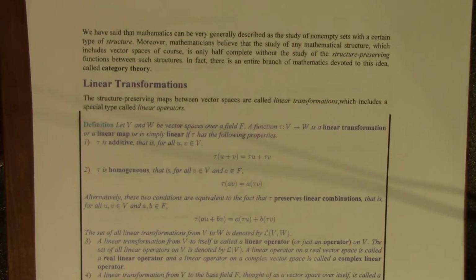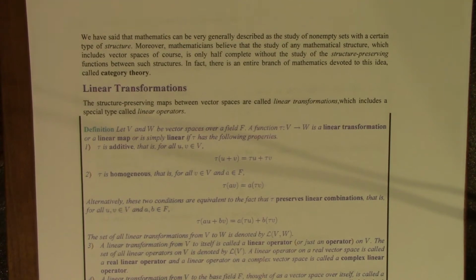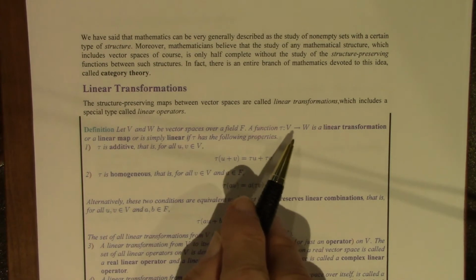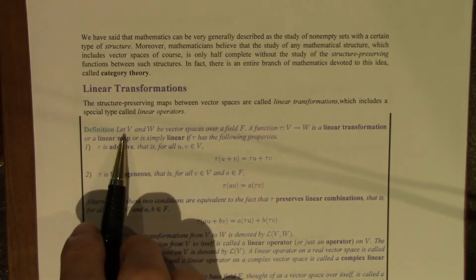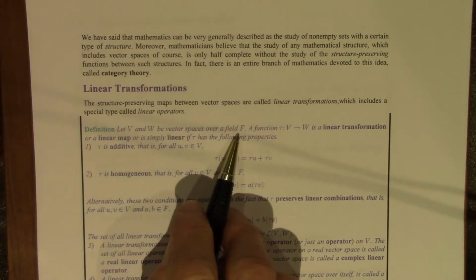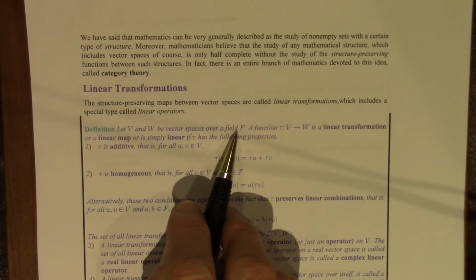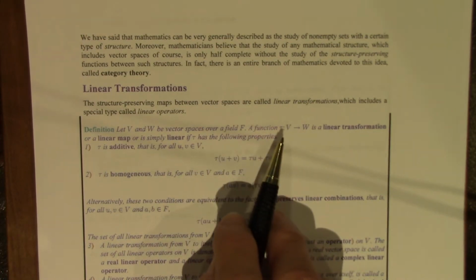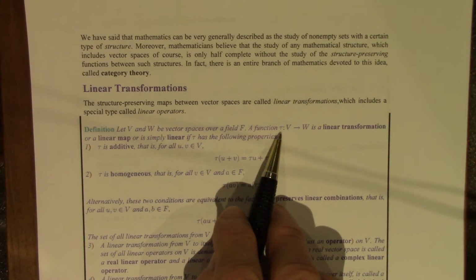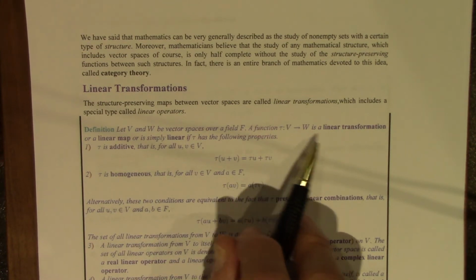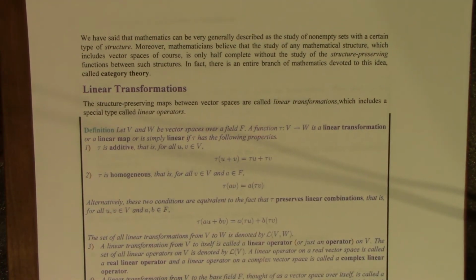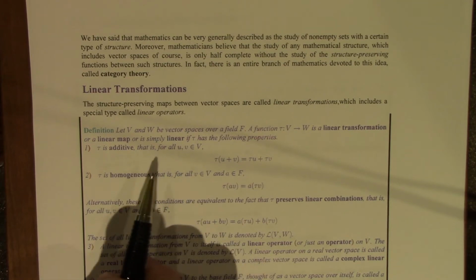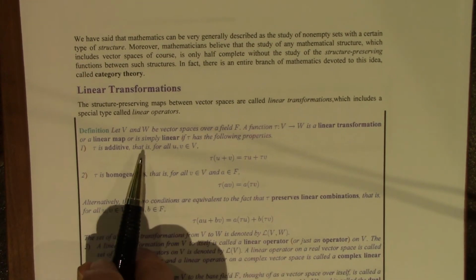The structure-preserving maps between vector spaces are called linear transformations. So we have two vector spaces V and W over the same field F. It must be the same field. A function tau from V to W is a linear transformation, also called just a linear map or simply linear, if it has the following two properties.